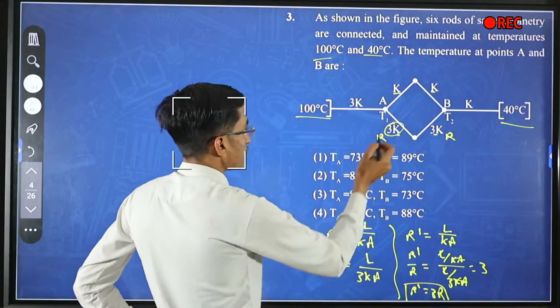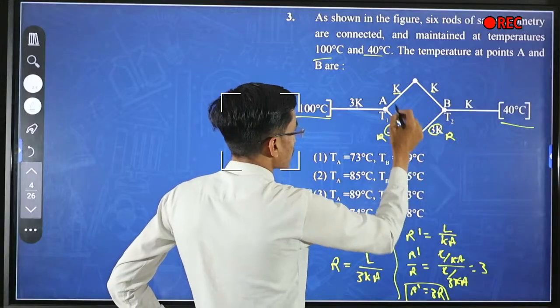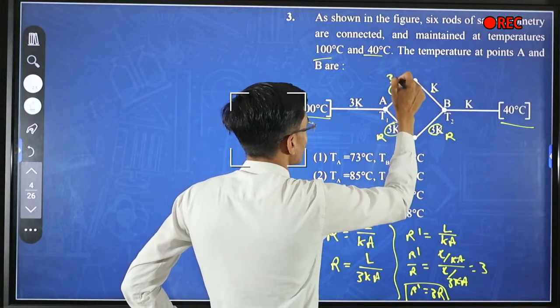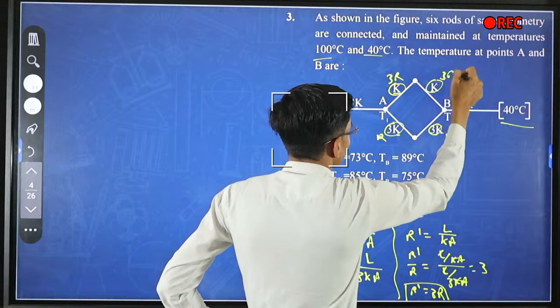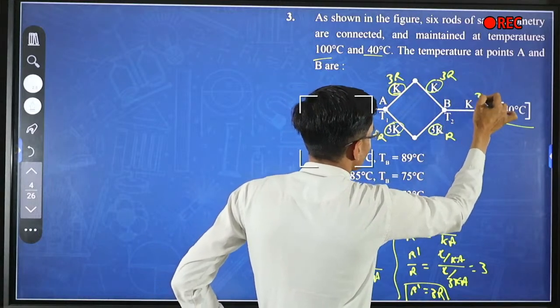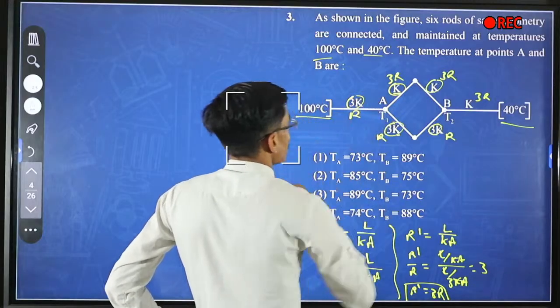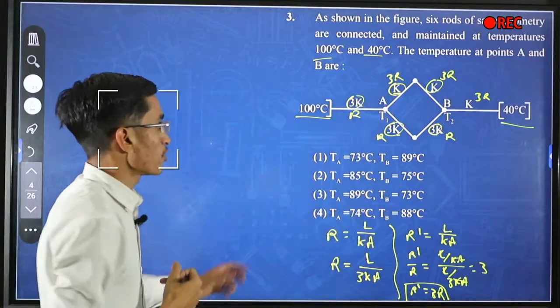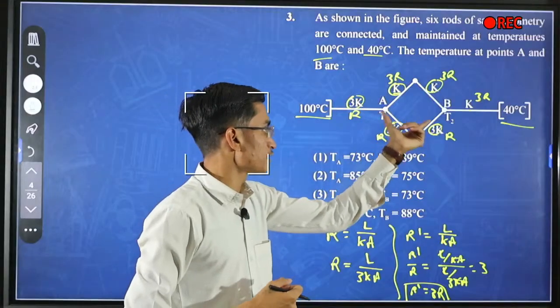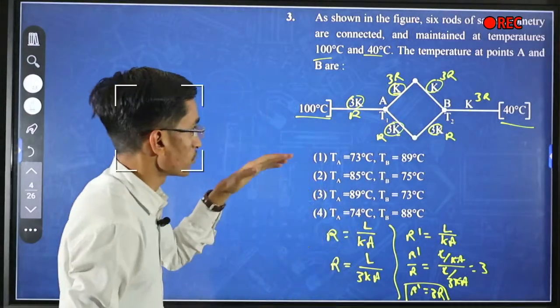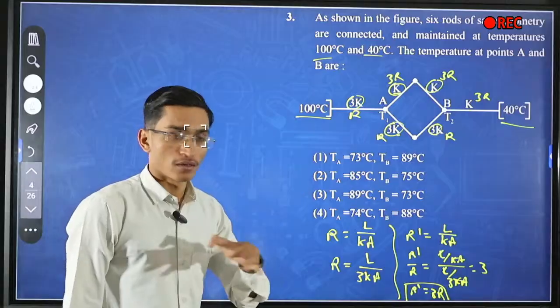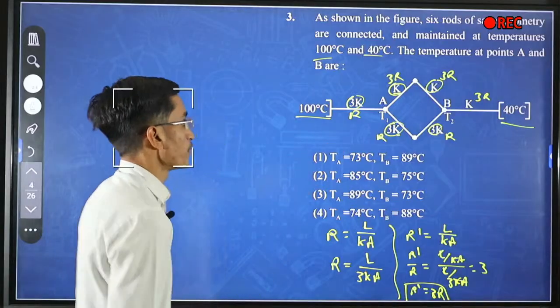So if we assume that this has resistance R, then this will become 3R, this will become 3R, and this will be R. So from the diagram of thermal conductivity, we will change it into an equivalent resistance diagram. After that, we will easily be able to find the current.